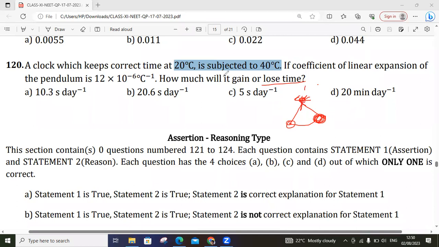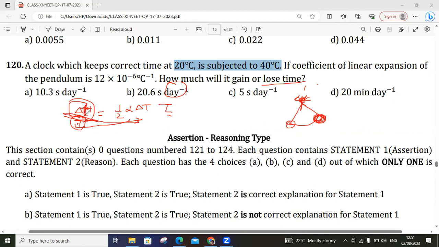So how much will it lose? Half alpha delta t, and per day they are asking. This is delta t for 1 second. Per day means 86,400 seconds. So you can keep it this side, into t.